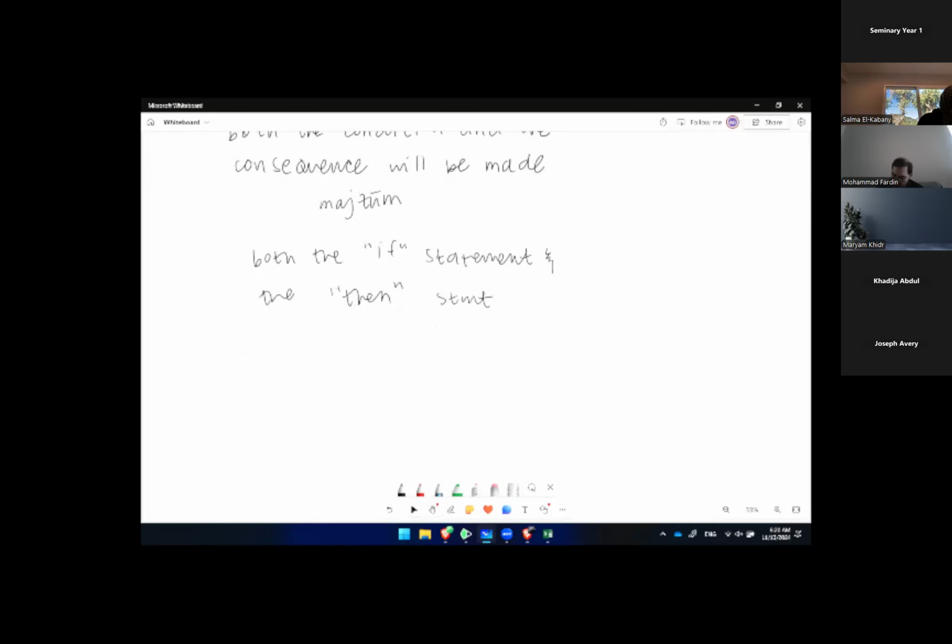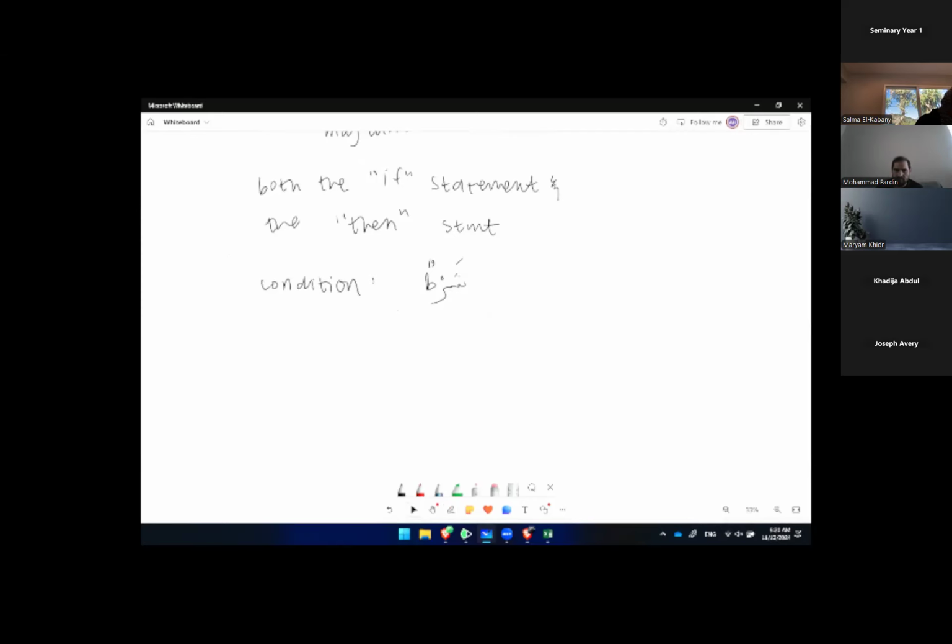The conditional statement, the condition, if XYZ, in Arabic is called the shart. The consequence is called the jawab al-shart. So in Arabic, when this in is used, the conditional in, both the shart and the jawab al-shart will be made majzum.